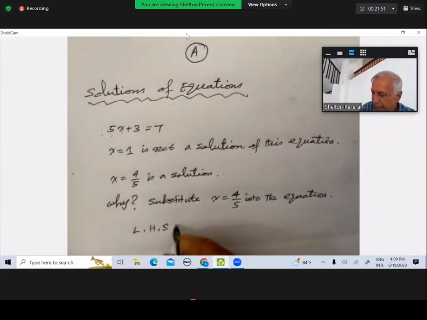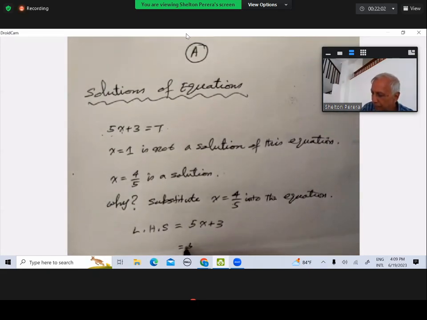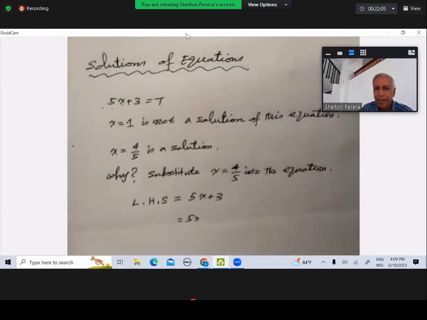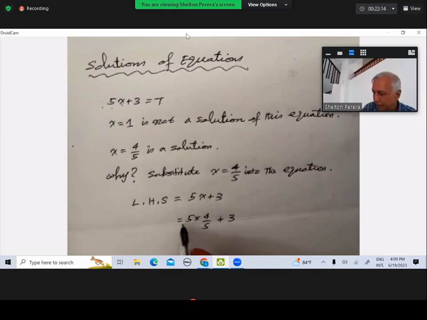The left-hand side, LHS, of the equation is 5x plus 3. If you substitute this value for x, it becomes 5 times 4 over 5 plus 3. In such a situation, we do the multiplication and division first, then addition and subtraction.